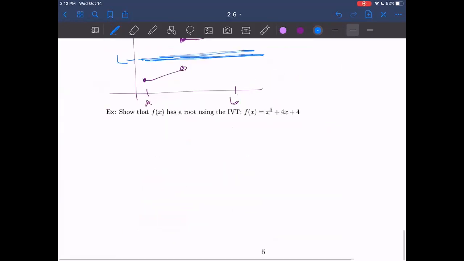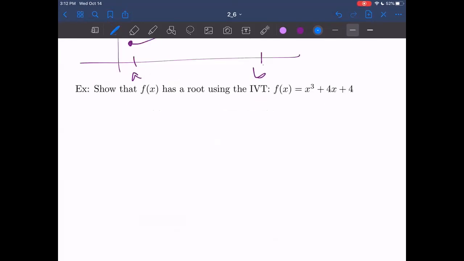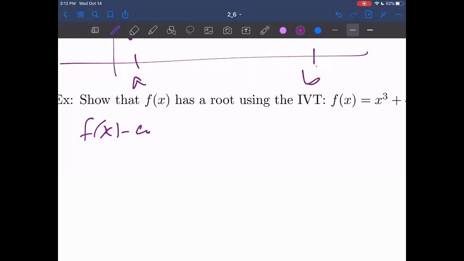All right, so we'll do an example. One way you might see problems is that if we want to show that a function has a root or an x-intercept using the intermediate value theorem. So we've got our function here. We know it's continuous because it's a polynomial.